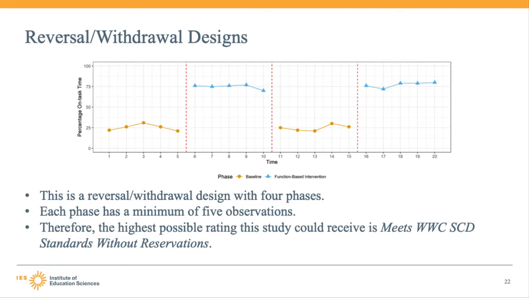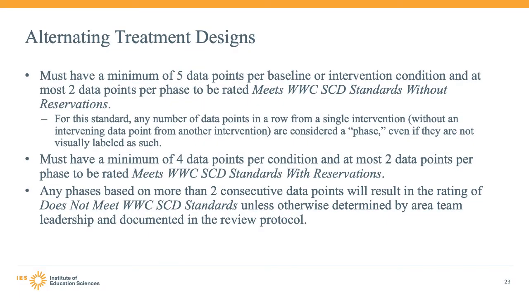Moving on to alternating treatment designs, the 3 demonstrations criterion states that alternating treatment designs must have a minimum of 5 data points per baseline or intervention condition, and at most 2 data points per phase, in order to be eligible to be rated meets WWC SCD standards without reservations.